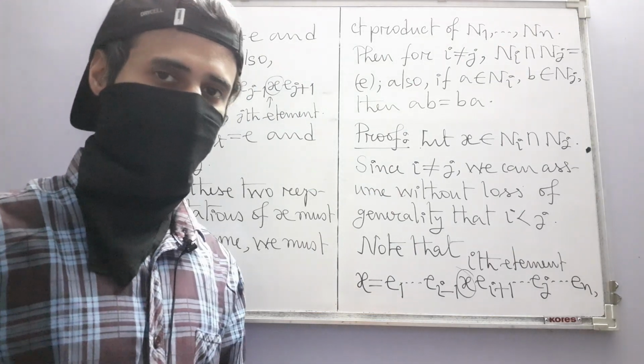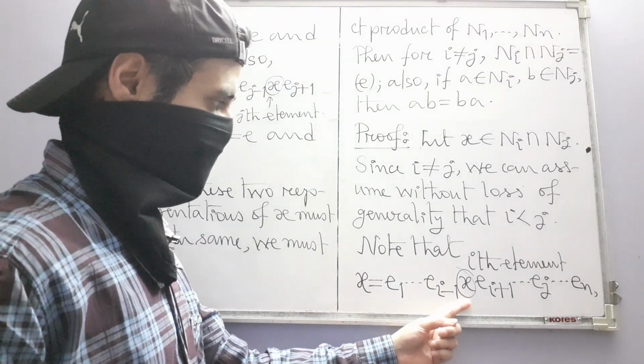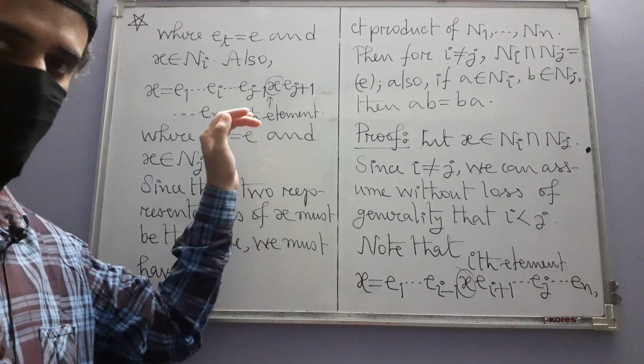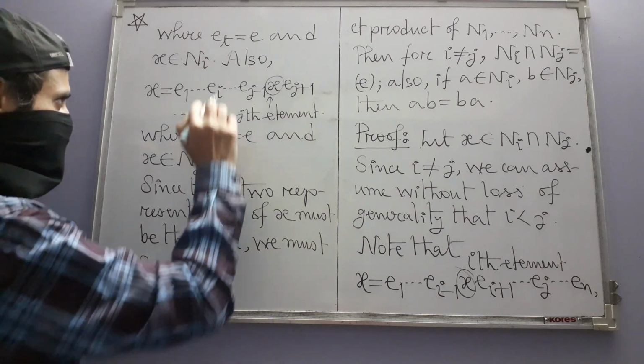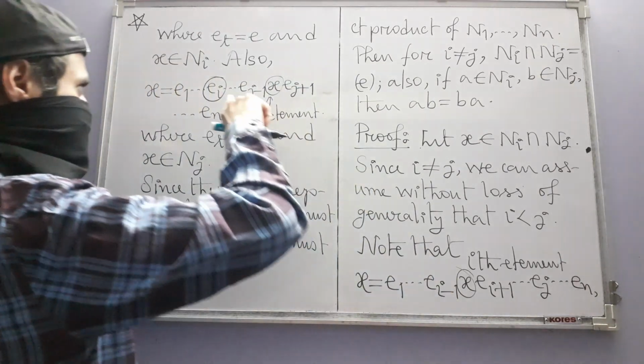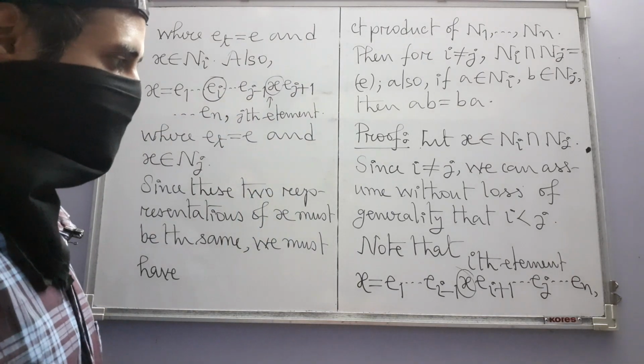Because the two representations need to actually be identical, the ith element in this representation must be equal to the ith element in the second representation, which is what? ei. So x has to actually be equal to ei, or you can argue like this also.